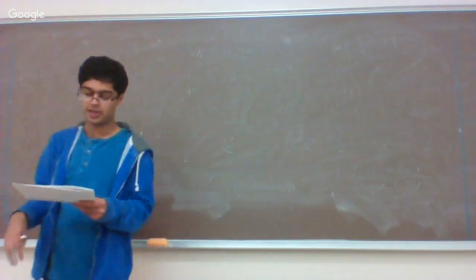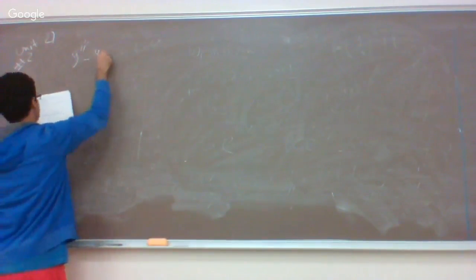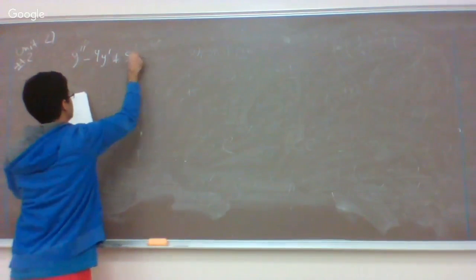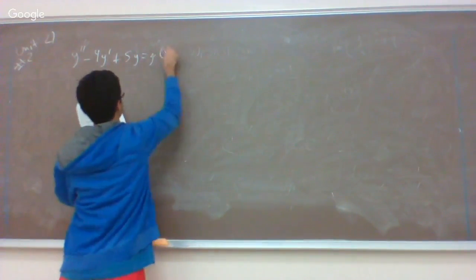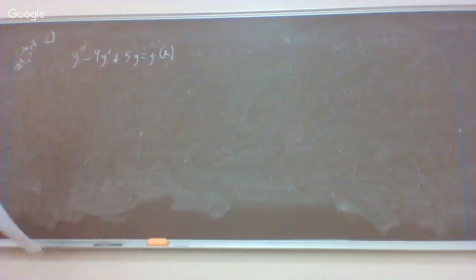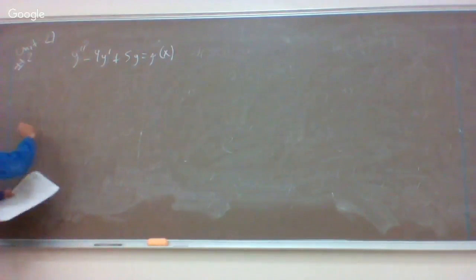We have to determine the homogeneous equation. So this is exam 2, problem number 2: y double prime minus 4y prime plus 5y equals g of x. First, we need to find the homogeneous equation.